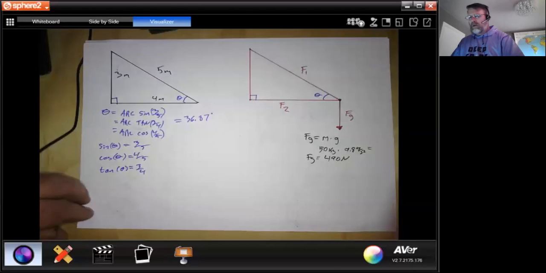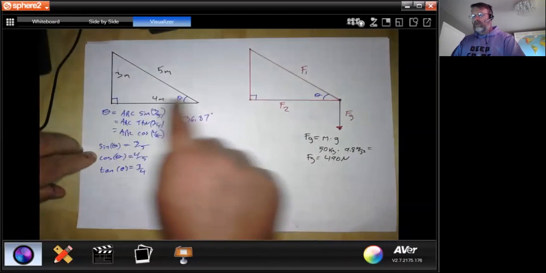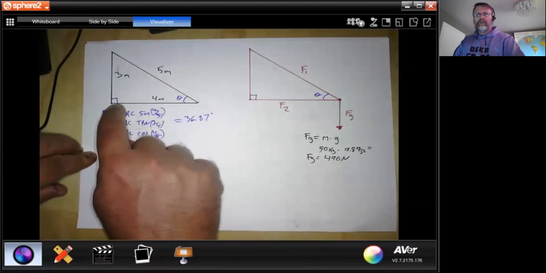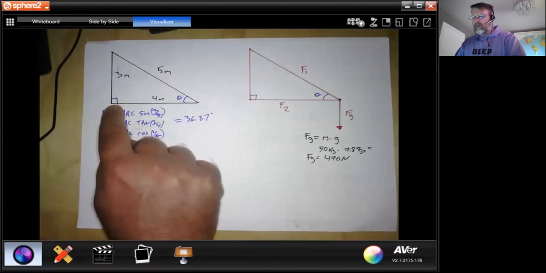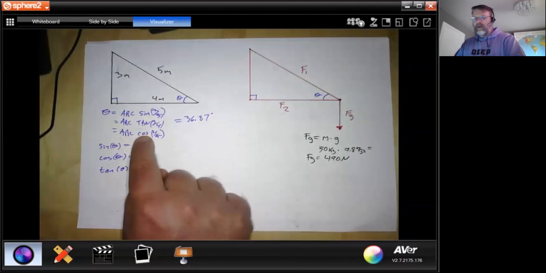Okay, so if we now look at this, we have the 3, 4, 5 triangle, which is, by the way, one of the easiest ways to force something into a 90-degree right triangle. We can find this angle using any combination of the opposite, adjacent, and hypotenuse.